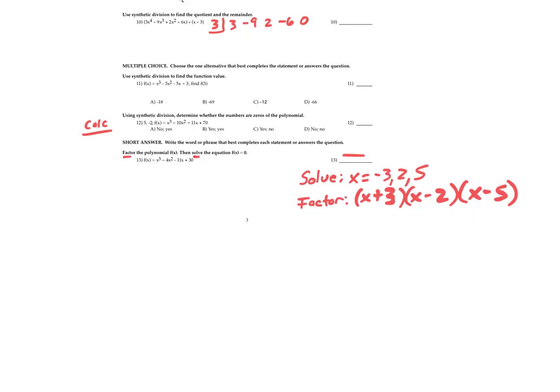But we need both, because it's asking me to solve it and it's asking me to factor it. Now, I know factoring is listed first here, so most people's instinct would be to factor it first, but you can solve it and use the solutions to find the factors. And I think that's the easier way to go.